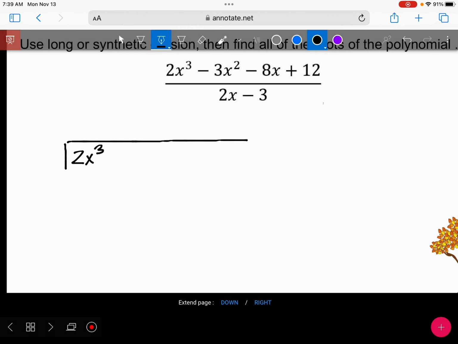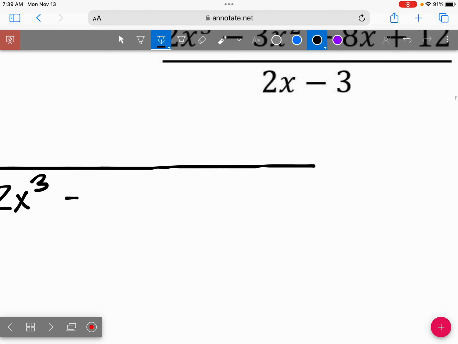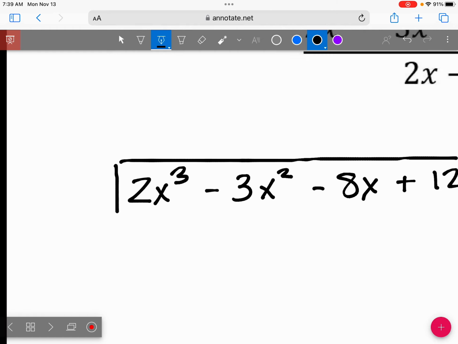Zoom this back out. Minus 3x squared minus 8x plus 12. And we're dividing this by 2x minus 3.